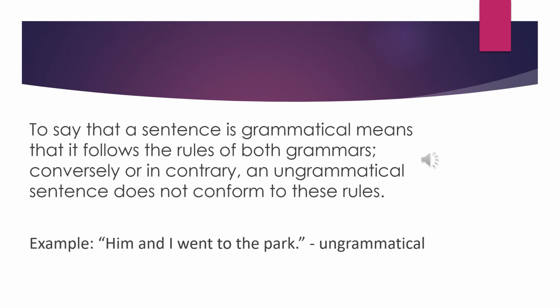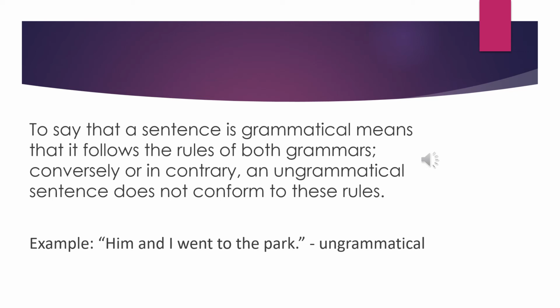This kind of sentence is an example of ungrammatical. So how should we fix it for it to become a grammatically correct sentence? We can say, "I went to the park with him," or we can also say, "We went to the park together." I think that's better.